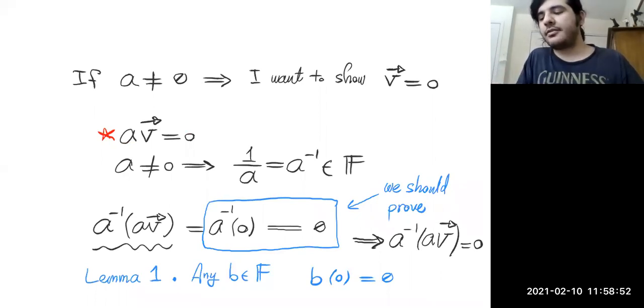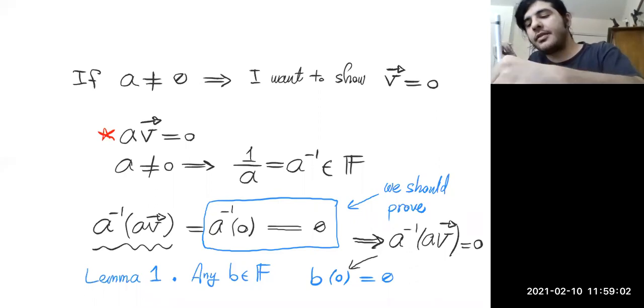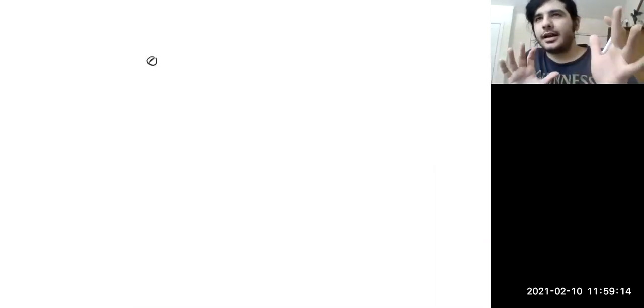We used the fact that any element in the field times 0 is 0. I should say this 0 here is the vector 0. In order to prevent any confusion, I use slightly different notation. We have a 0 in the vector space, and we have a 0 in our field.